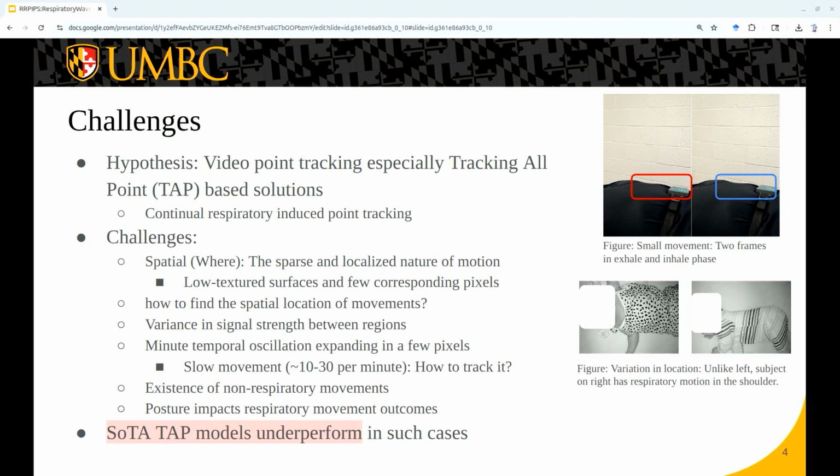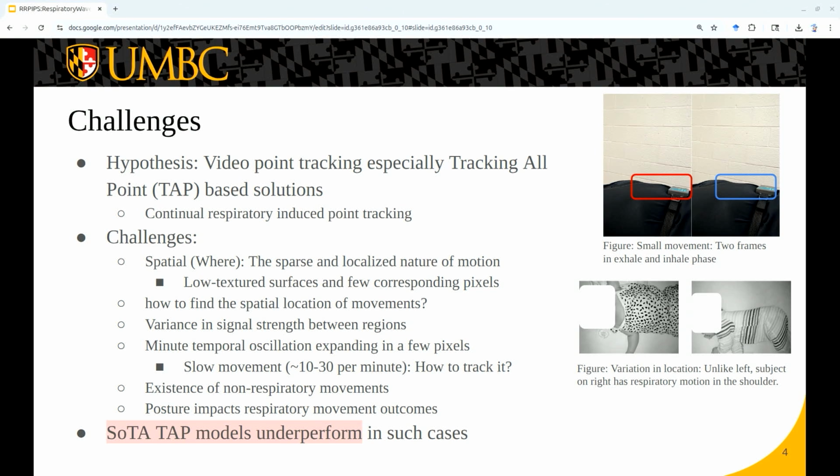So we investigate the tracking any point, or TAP, problem, a computer vision problem where the goal is to track all these points. Tracking respiratory motion presents significant challenges compared to the typical setting. The typical TAP problem works with different boxes. However, we're dealing with the sparse, localized nature of the movement, even in low texture.